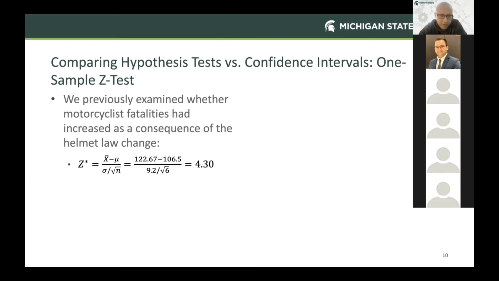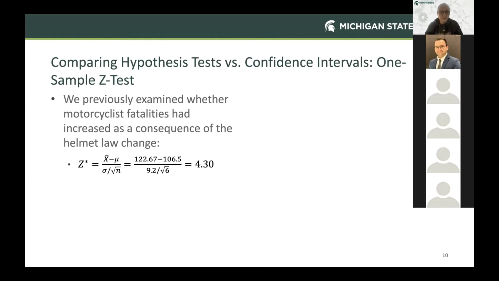And when compared to the few years prior to the helmet law being weakened, we had observed 106.5 fatalities per year. And our historical data had suggested a standard deviation of 9.2 fatalities per year. And we had worked with 6 years of data immediately following that helmet law change.